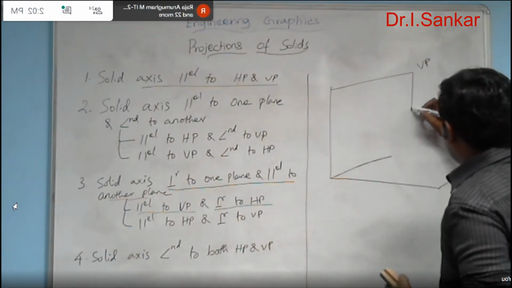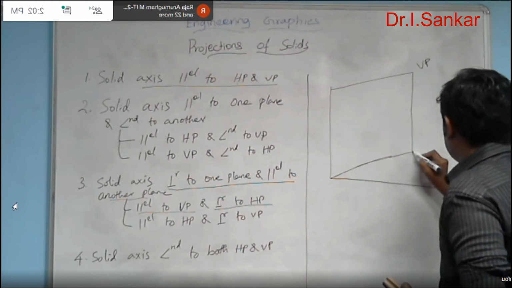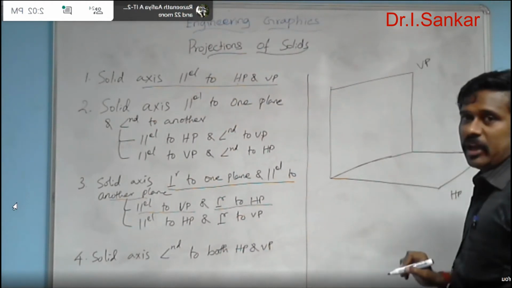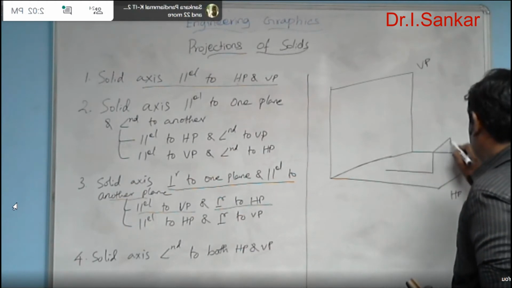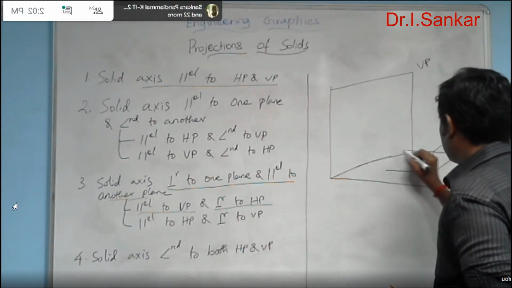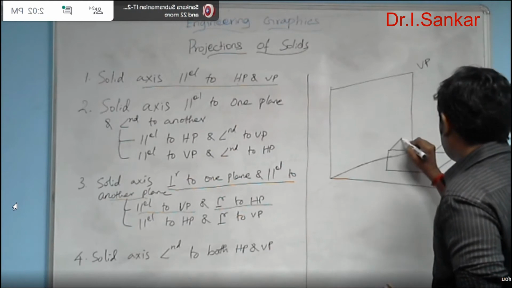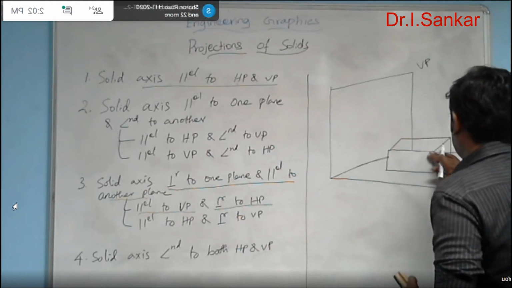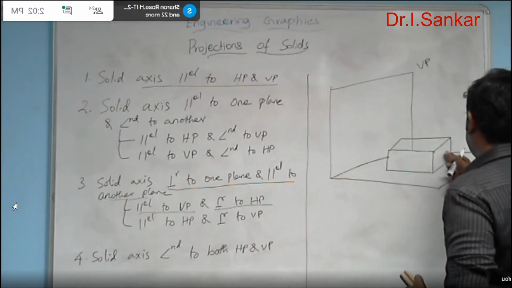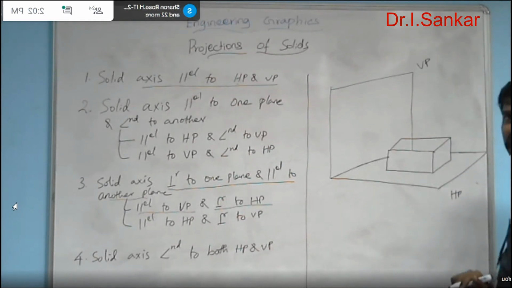And in the same way, if the solid axis is parallel to HP and perpendicular to VP, then the solid will be looking like that. See here, this is nothing but the condition of the solid.